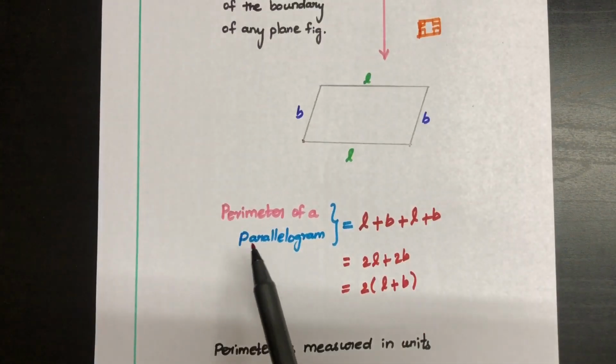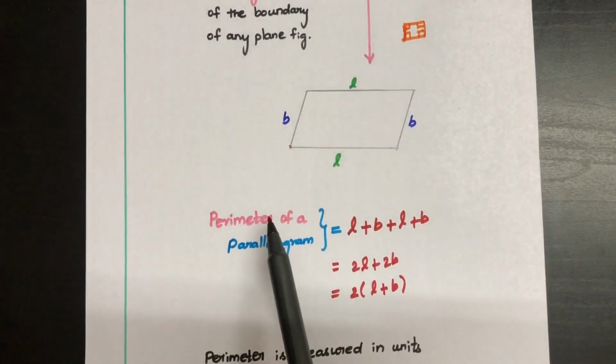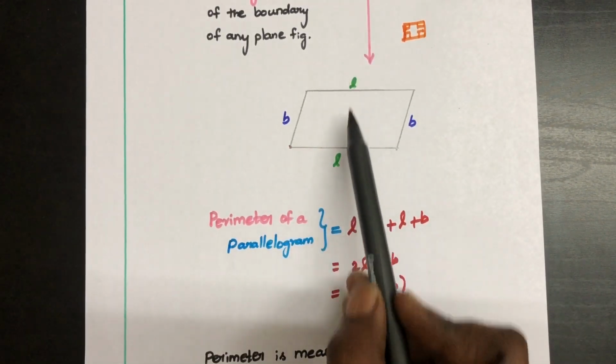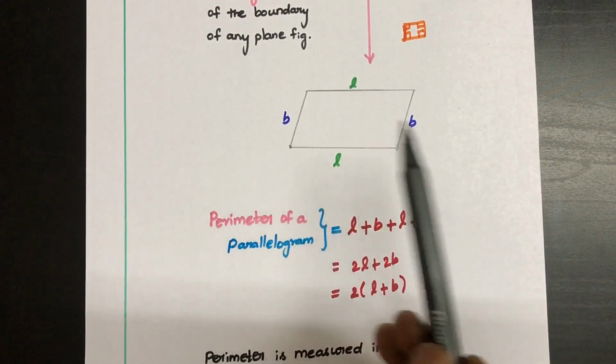Now the perimeter. The perimeter won't change for the rectangle and the parallelogram, because in the parallelogram also the opposite sides are equal. So it must be the same as the perimeter of the rectangle.